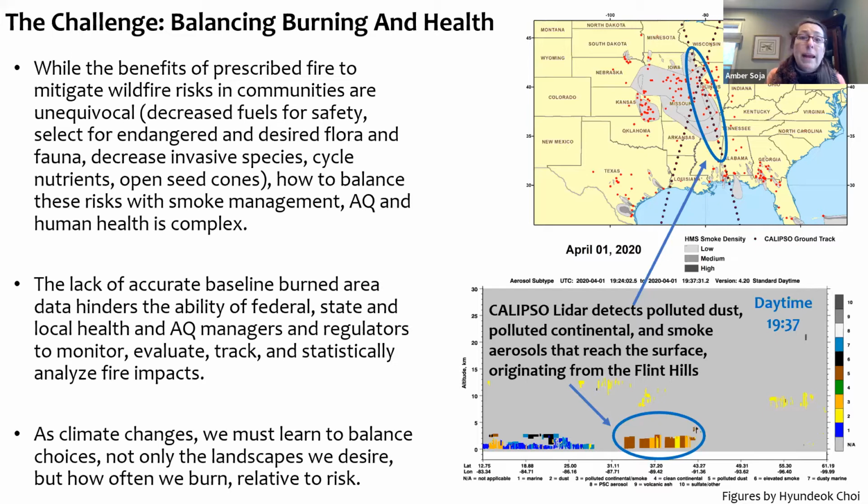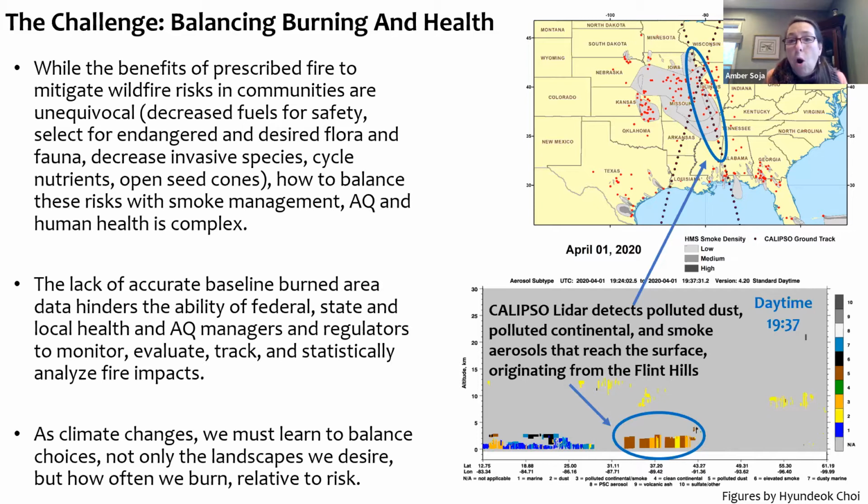On the right-hand side top panel, you're looking at the horizontal view of active fire detections in red and smoke in gray. And in the bottom panel, you can see this little slice, and we've highlighted the vertical extent of smoke. In this case, the smoke is going all the way to the ground, where it is really bad for air quality. So it's not only the fires and the horizontal extent of the smoke, it's the vertical extent of the smoke.